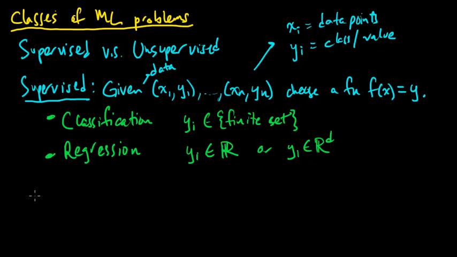So let me give you an example. Classification, an example. Suppose I had points in 2 dimensions. Maybe I should change notation to be clear here.